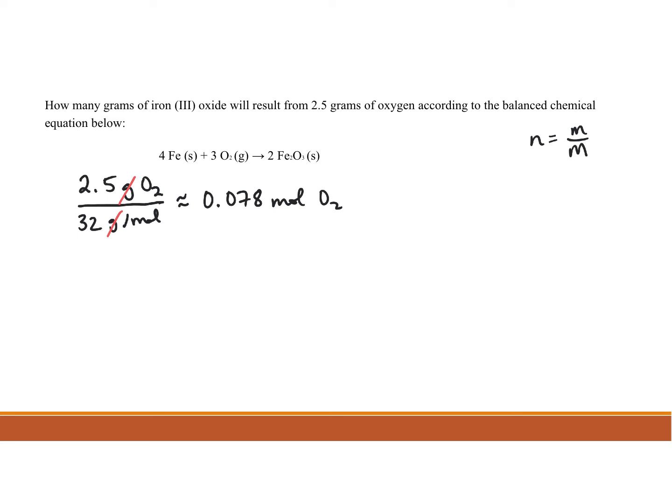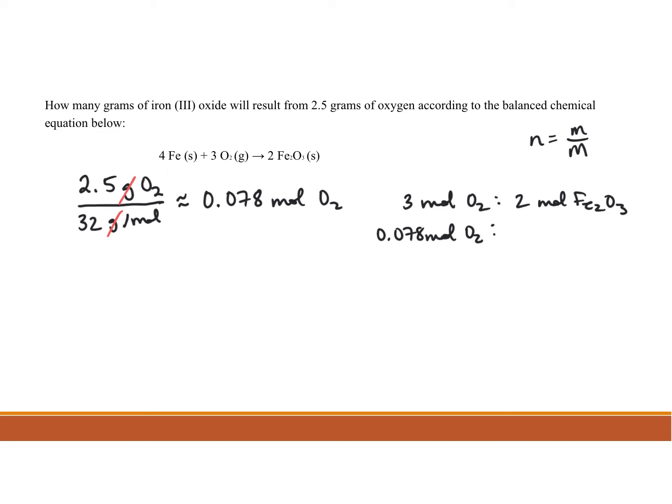Now, we have to convert it to moles of Fe2O3. For every 3 moles of O2, you have 2 moles of Fe2O3, according to the balanced equation. So if you have 0.078 moles O2, let's think about this.